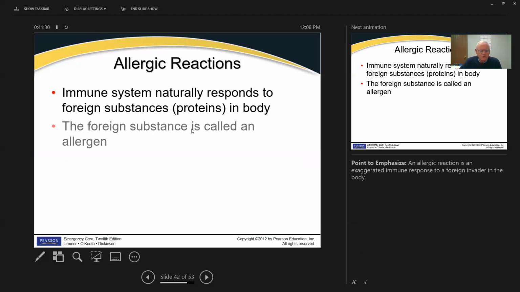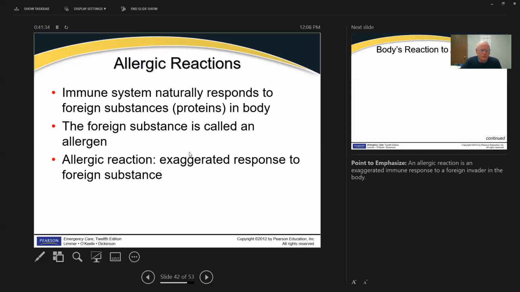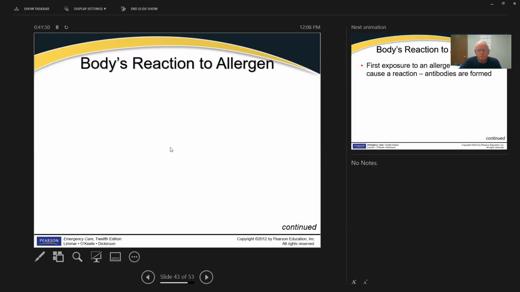So that foreign protein we call an allergen. And we can have an allergic reaction to that allergen. And that allergic reaction is the body's normal response to go fight that allergen. And things get released, chemicals, histamines, things like that. And it gives us other symptoms too.